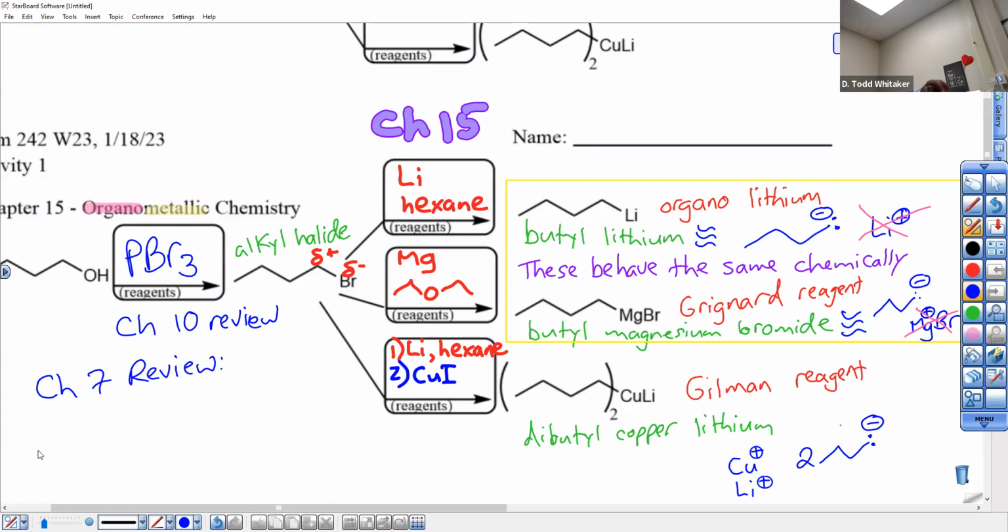If you're lucky, what you can do is take this guy and just do something like KH, and you have this. Right? I mean, it's an organometallic. Potassium's a metal, right? This is an acetylide.